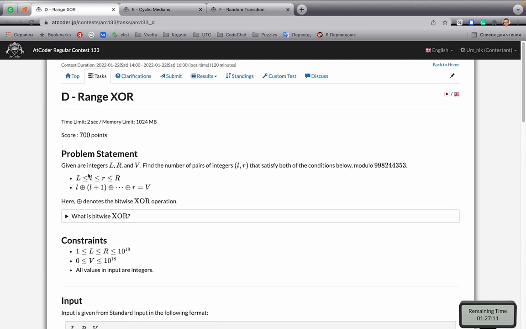In problem D, we have to find the number of segments of integers between L and R such that the XOR of all integers in the segment is equal to V, where V is the given value.